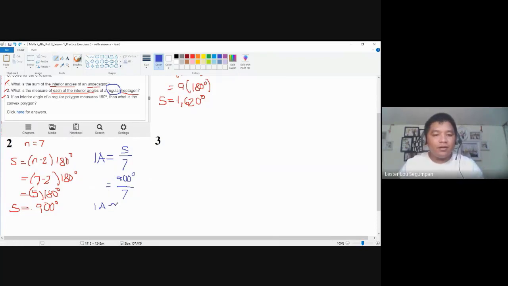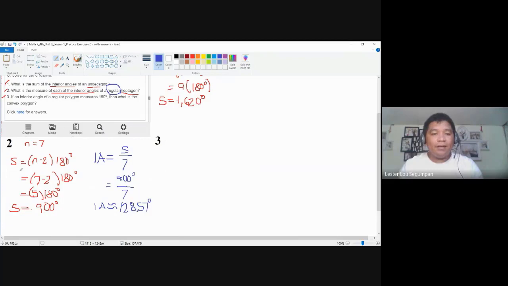Approximation symbol, we will use this symbol. Let's just simply round it off to 2 decimal places. The result is 128.57 degrees.